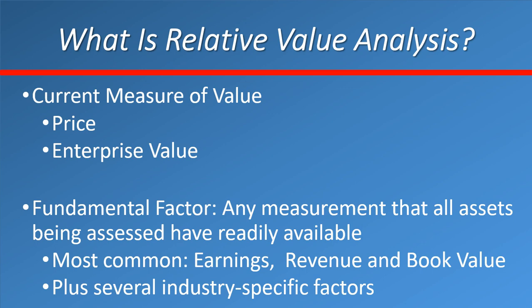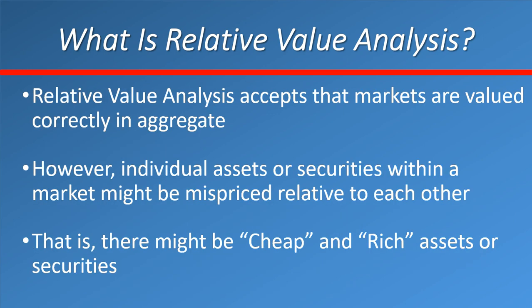The most common measures can be things like earnings, revenue, the book value of the firm, and then there's several industry-specific factors that we can use that give us a better indication within a specific industry whether a stock is trading expensive or cheap. Relative value analysis doesn't assess whether something is rich or cheap in an absolute sense.